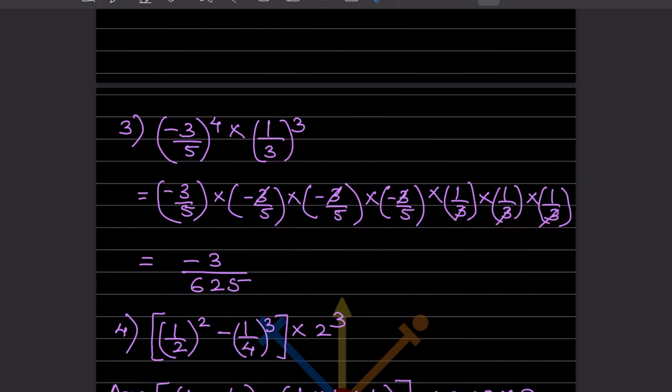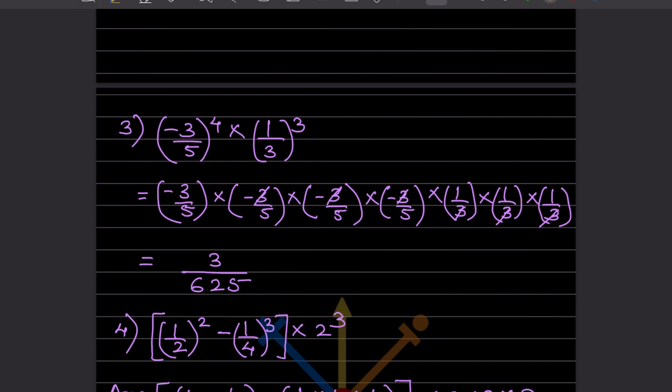Now first let us see the negative sign. 1, 2, 3 and 4. Sorry about that, here it is going to be positive 1. Now we have 4, 1.